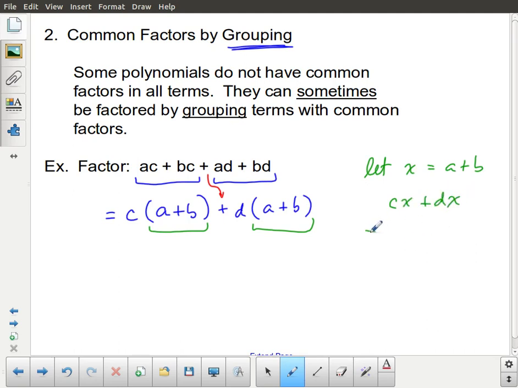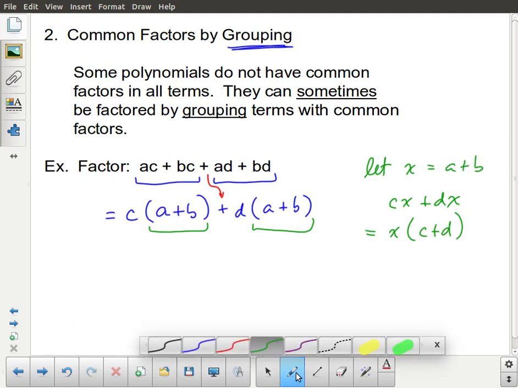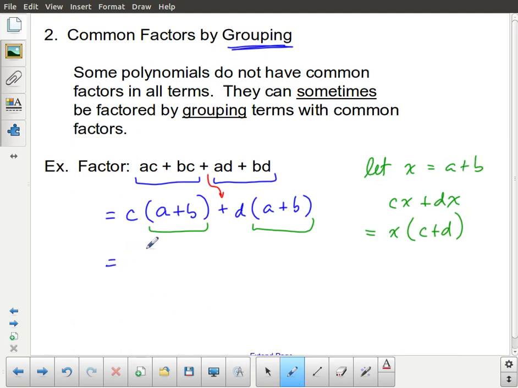But the common factor between cx and dx is the letter x, c plus d. But x is not what we started with. We started with a plus b. So now I can take out the a plus b as a common factor, just like I took out the x over here.